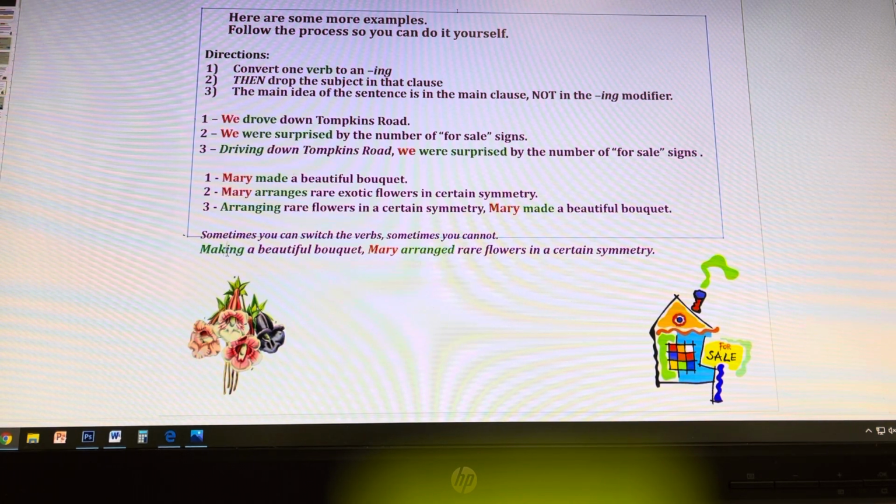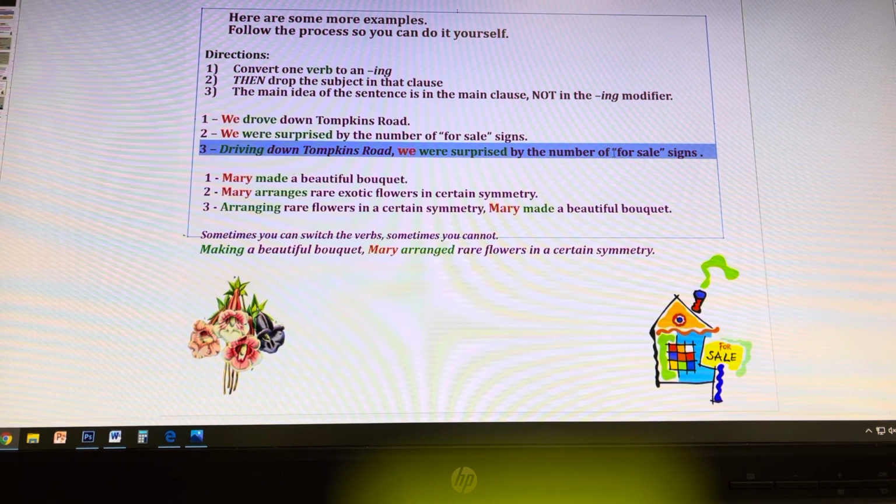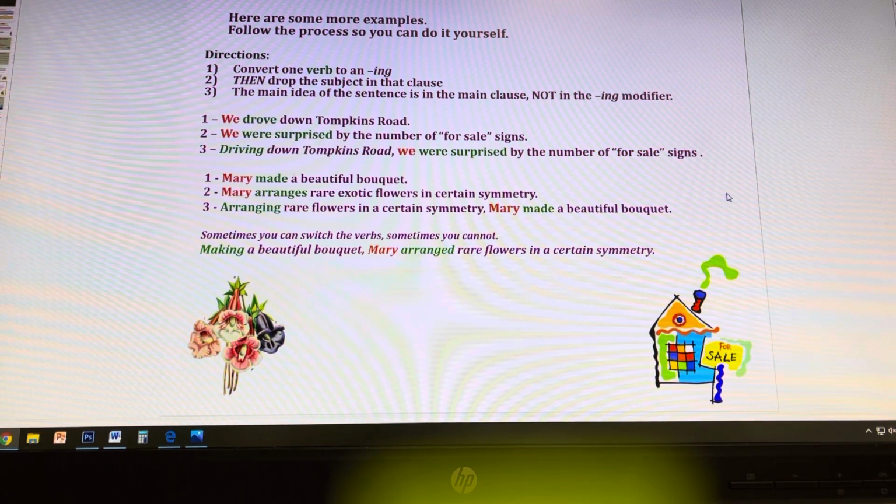Making a beautiful bouquet, Mary arranged rare flowers in a certain symmetry. That one actually works. Whereas if we try to do it with this one, surprising by the number of for sale signs, we drove down Tompkins Road, see, it wouldn't work. Sometimes they will, sometimes they won't.